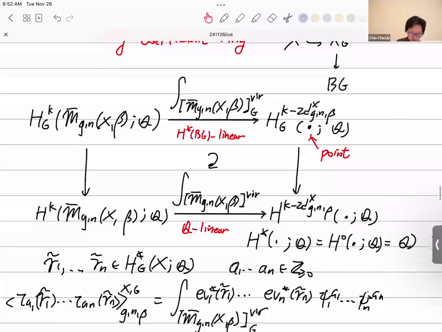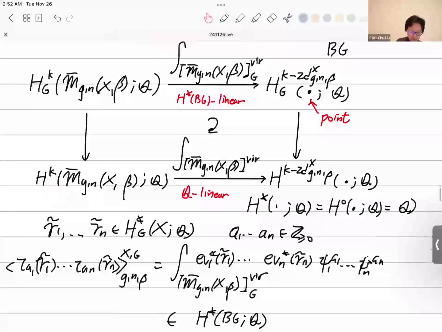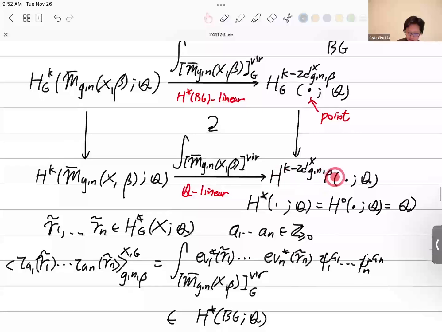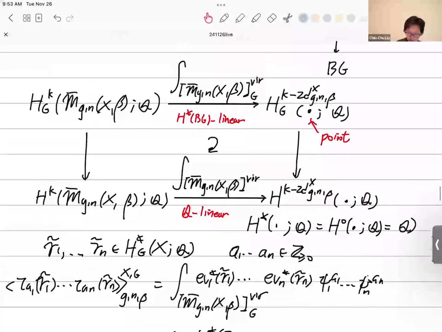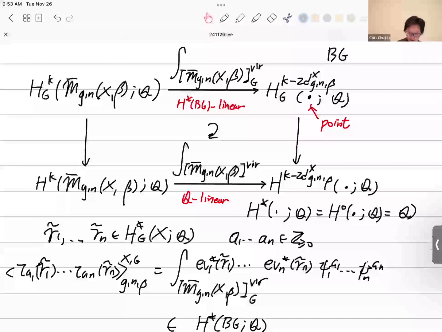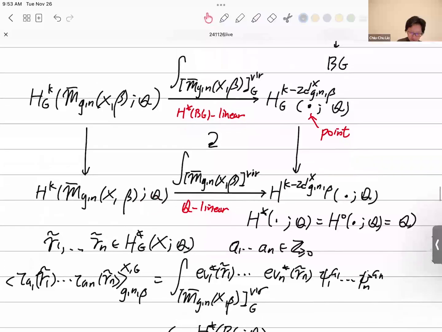It decreases the degree of the cohomology by 2 times the virtual dimension, which is the degree of the virtual fundamental class. And this is Q linear. But here this is just the cohomology of a point, which is 0 if the degree is not 0, and 1-dimensional in degree 0.